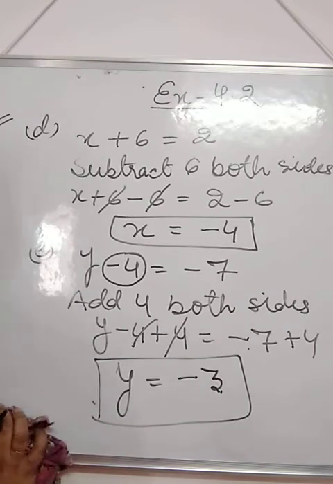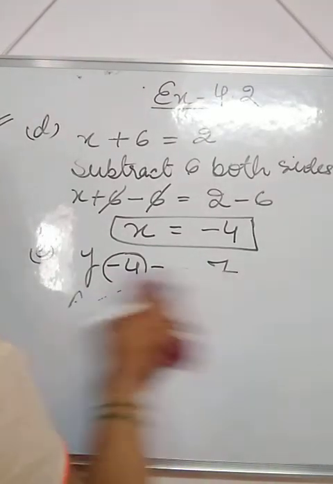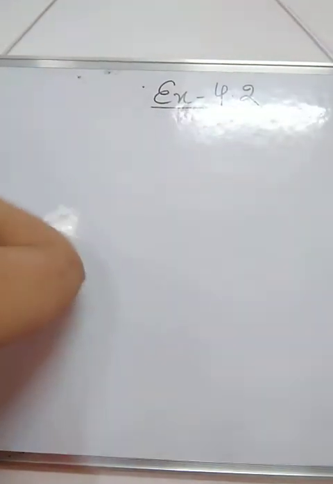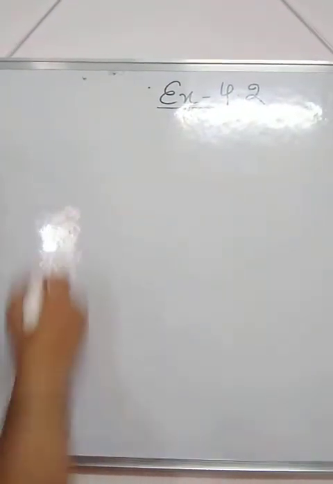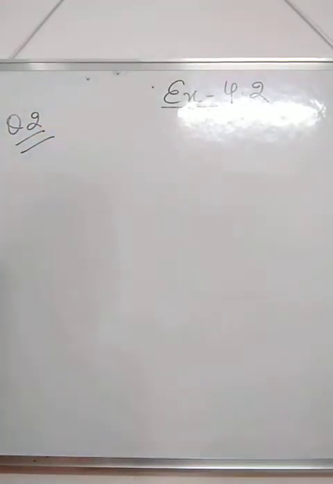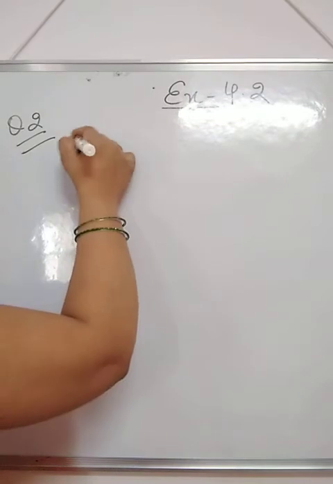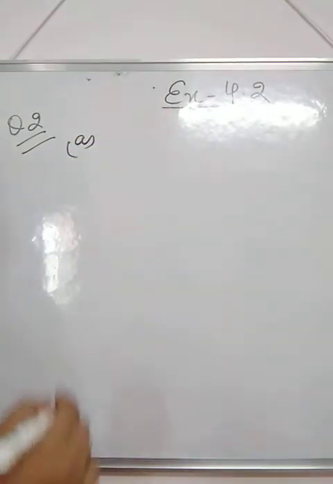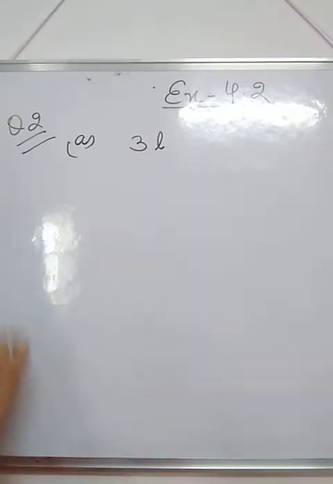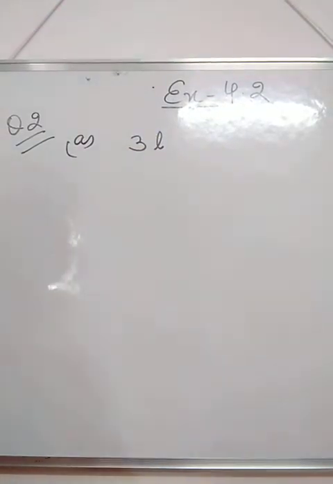In this manner we can do the rest of the parts of the question, which you can do yourself if you have understood the concept. Now you will see question number 2. In this second question, the numerals are given with the variable with multiplication and division signs.